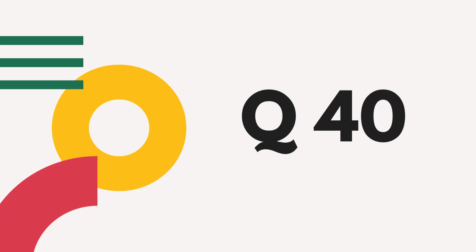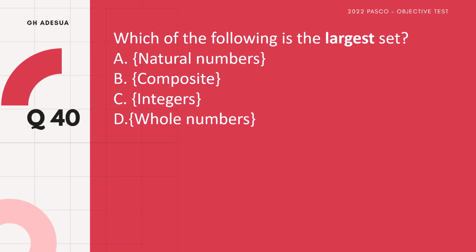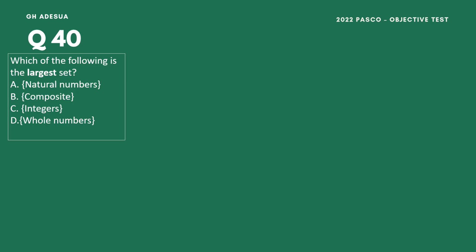So I want to move to question 40 itself, the final question, our last question. Which of the following is the largest set? We have A, natural numbers, composite, integers, and whole numbers. Now, we want to solve this question.